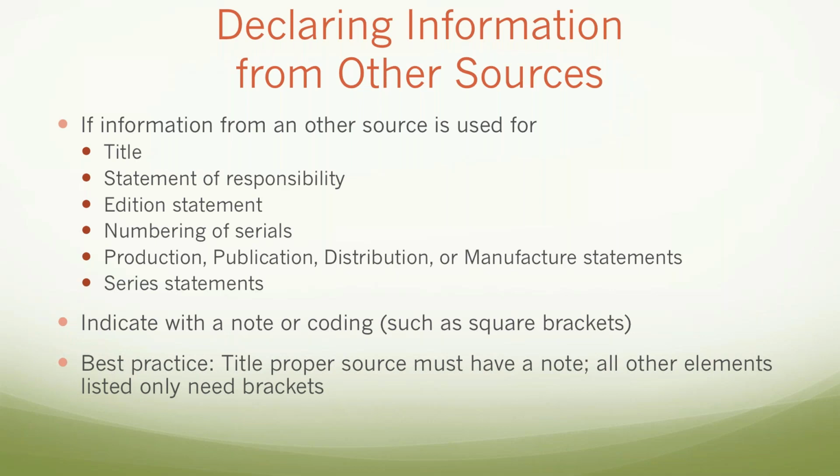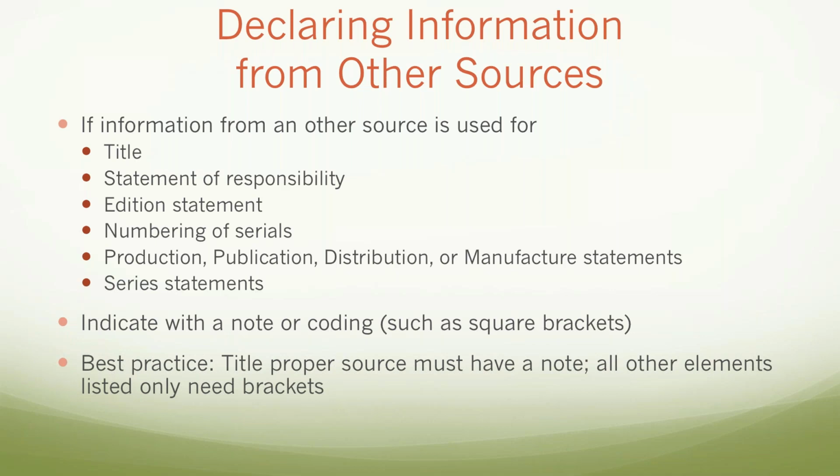So when information comes from outside of the resource itself for any of these specific elements, then they will have square brackets, except for the title proper. If the title proper is coming from outside the resource itself, you will not use square brackets. You'll never use square brackets in the 245 title proper information.